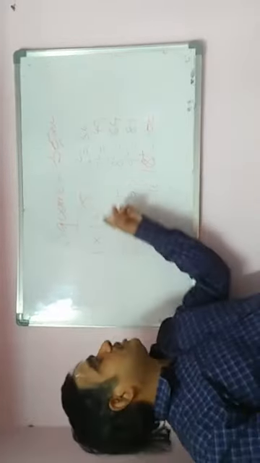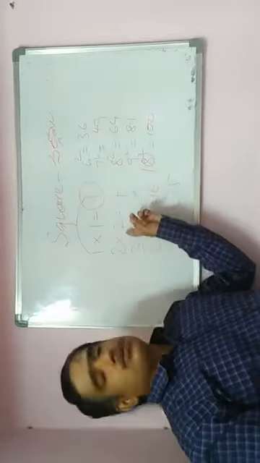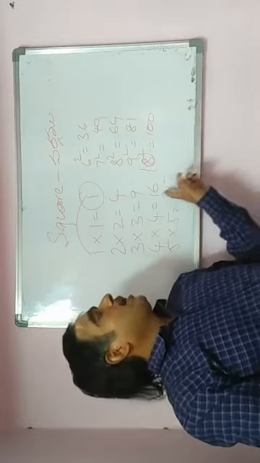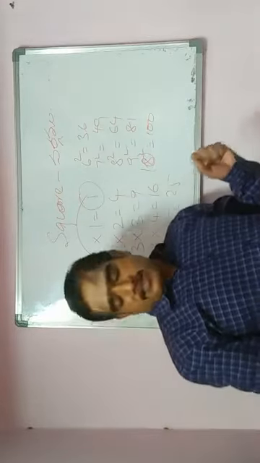Here, 1 square is 1, 2 square is 4, 3 square is 9, 4 square is 16, 5 square is 25. Why are we writing all these things?